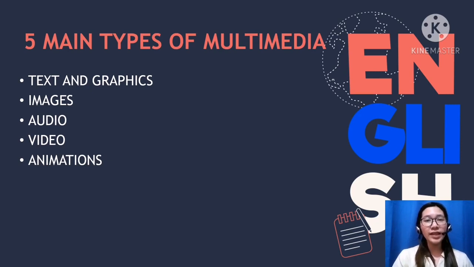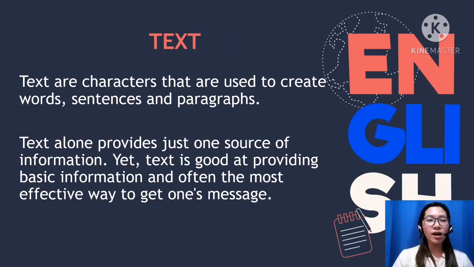So first, let us define what is a text. Texts are characters that are used to create words, sentences, and paragraphs. Text alone provides just one source of basic information. Yet, text is good at providing basic information and often the most effective way to get one's message.